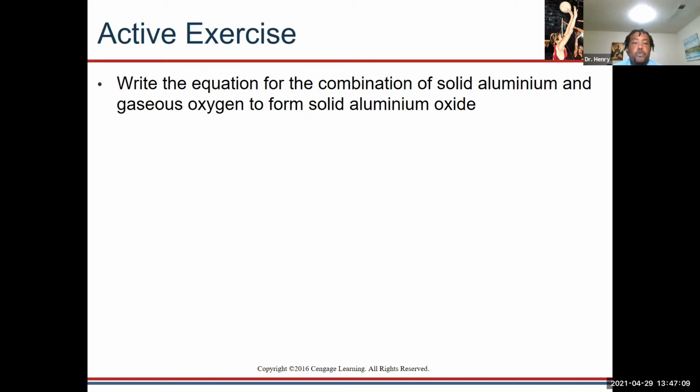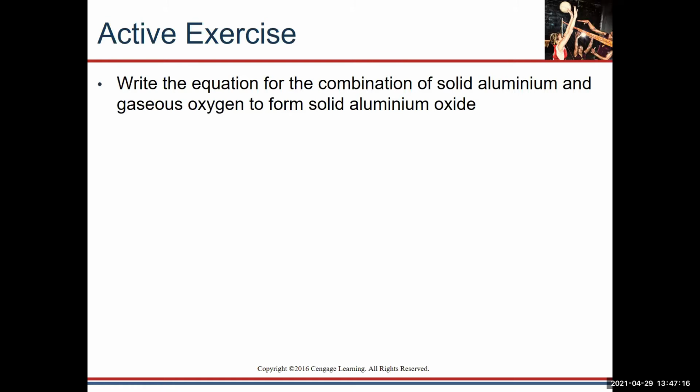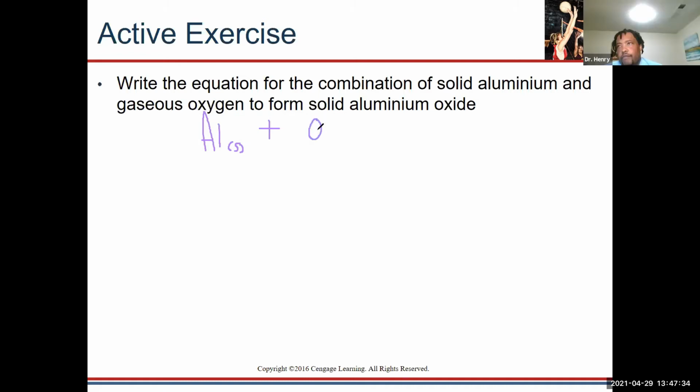Okay, what is the chemical equation for this? Al(s) plus O2(g), and what are we making?